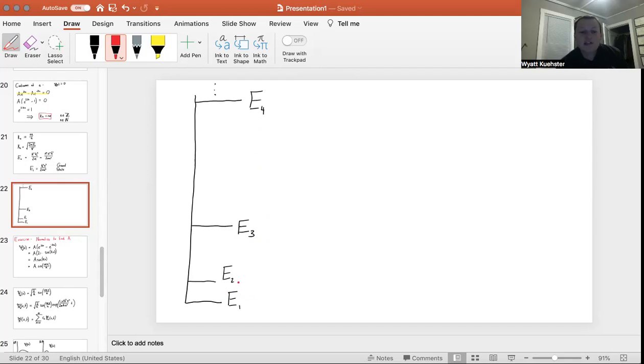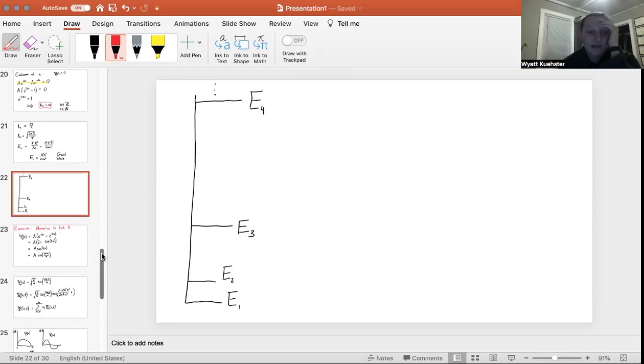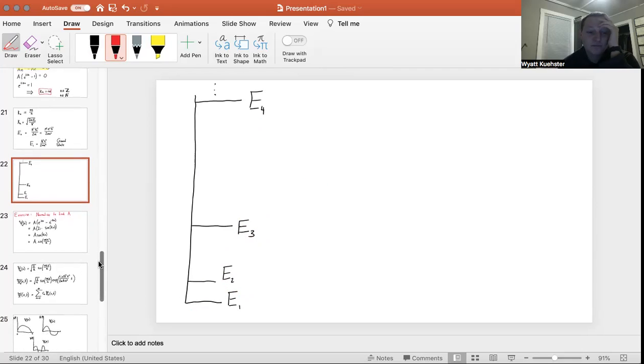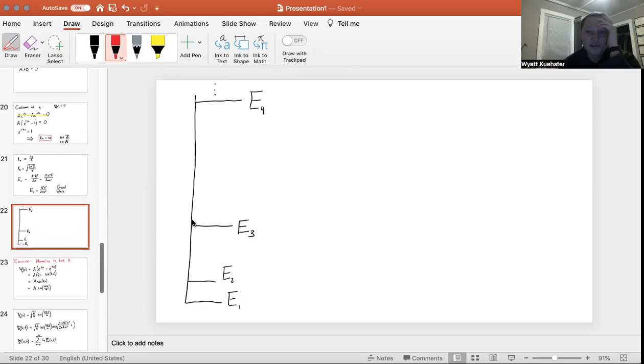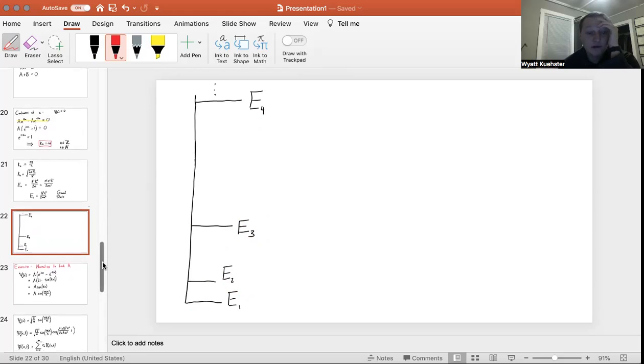So each energy increases by a factor of n squared from E1. So you get these energy levels, and that's how we're getting these discrete quantities that people are observing.